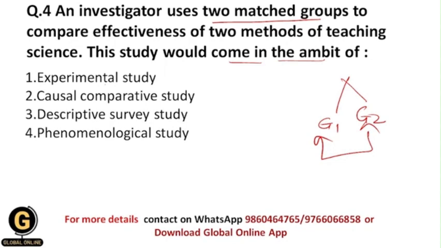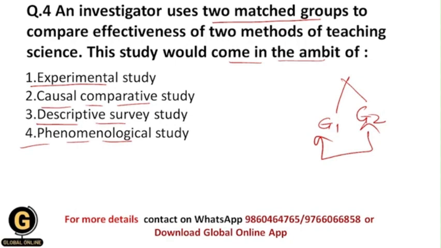Whether it is an experimental study, a causal comparative study, a descriptive survey study, or a phenomenological study: here there are two groups, these two groups are matched groups, and we are going to compare them to assess the effectiveness of two methods of teaching science.